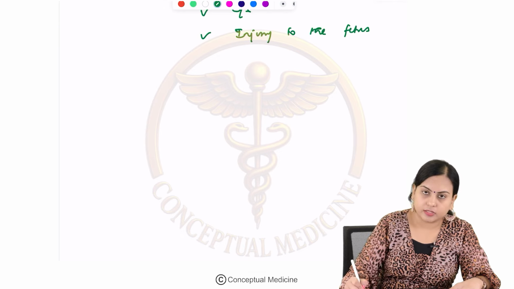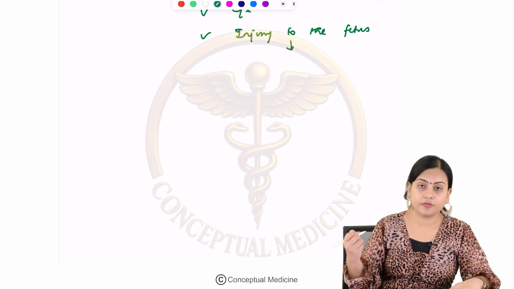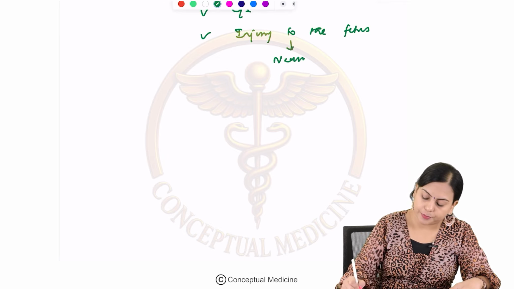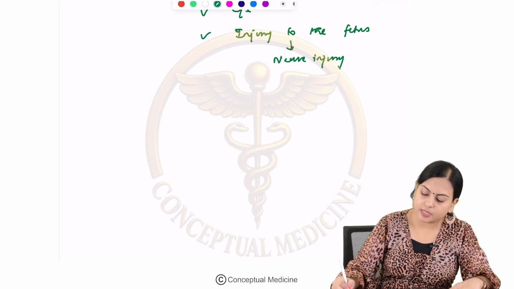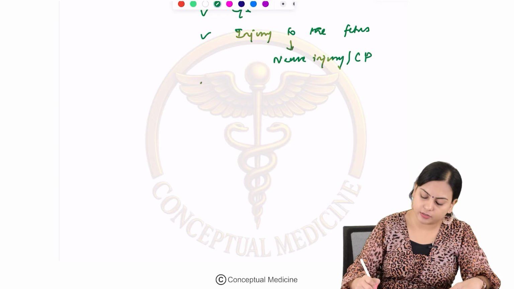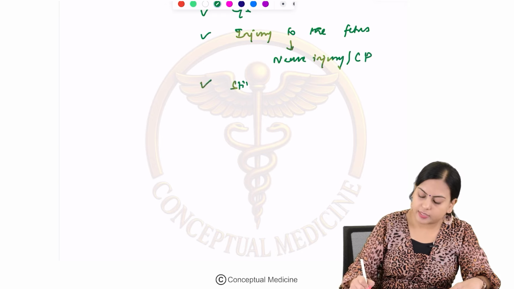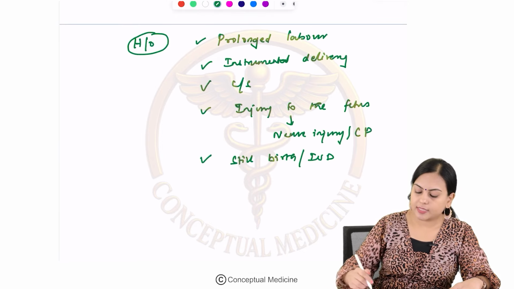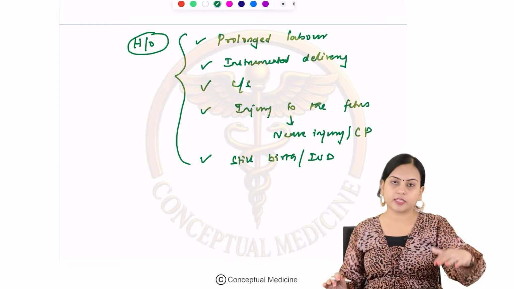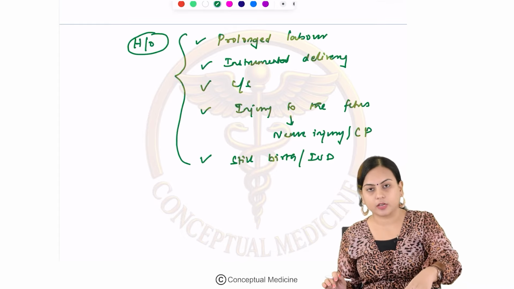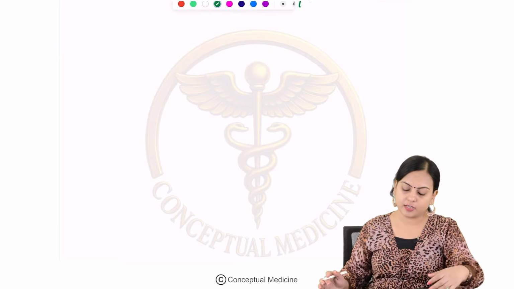For example, it can involve any nerve injuries, or sometimes even there can be a CP child, okay, or there is a history of stillbirth or IUD. So, in all these cases, when there is a history of all these things in the previous delivery, then you have to think about cephalopelvic disproportion, right?